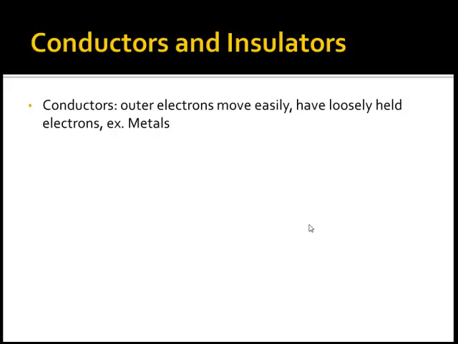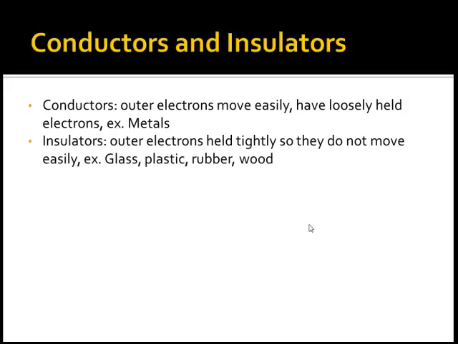There are some metals that don't conduct very well, but a lot of metals are good conductors. Insulators, on the other hand, hold on to their electrons very tightly, and they don't move around very easily. So you have glass, plastic, rubber, and wood. These don't tend to allow electrons to move through them very easily.